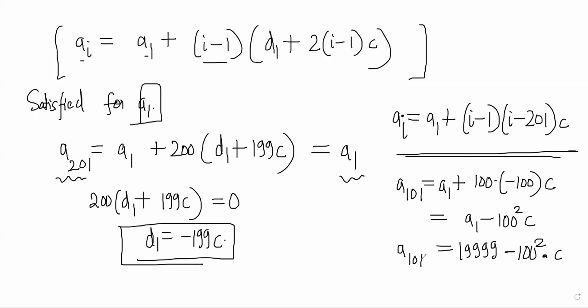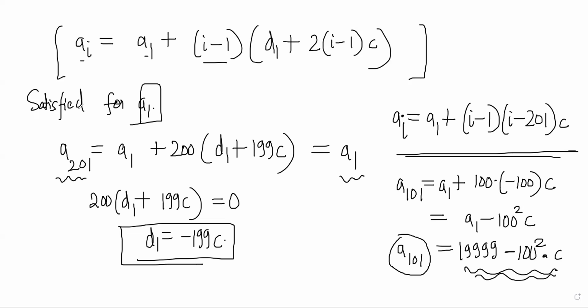And we know from here that all the ai's were positive integers, right? All the ai's are positive integers. So we know that this must be a positive integer.